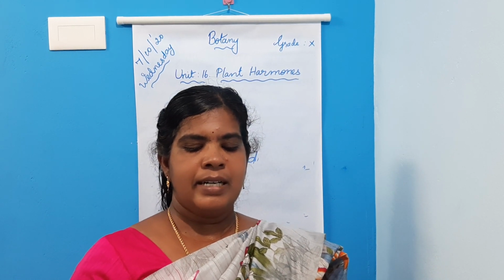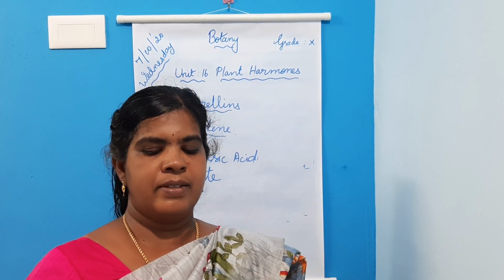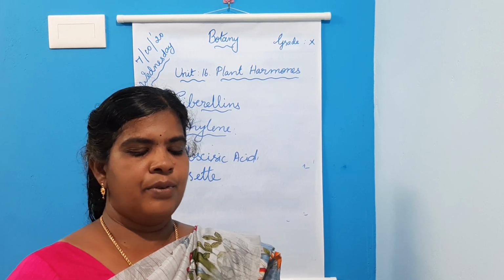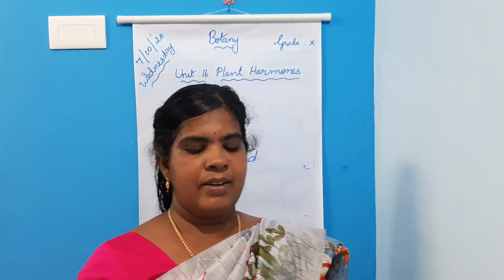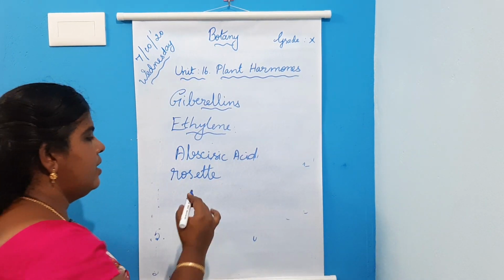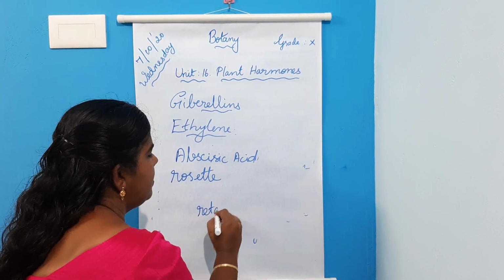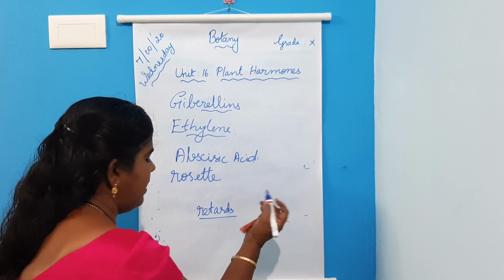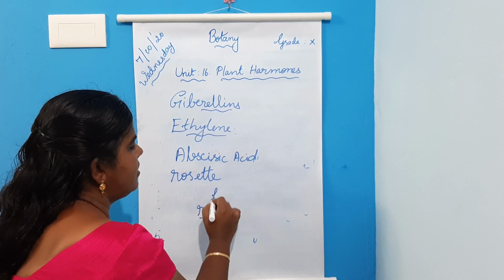True. Third one, ethylene retards senescence of leaves, flowers and fruits. It is false. Underline the term retards and write hastens.